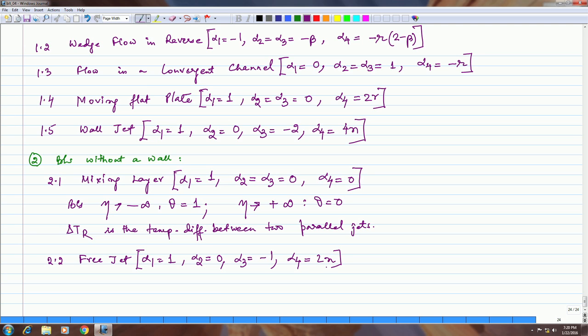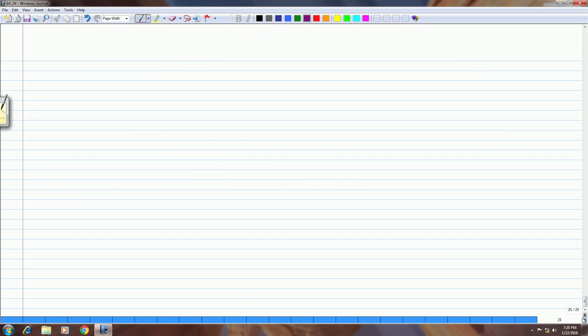So this is a free jet, okay? And these are the values of the constants. Now, if the fluid on each side of the free jet has a different temperature, then the boundary conditions become so. Let us see.